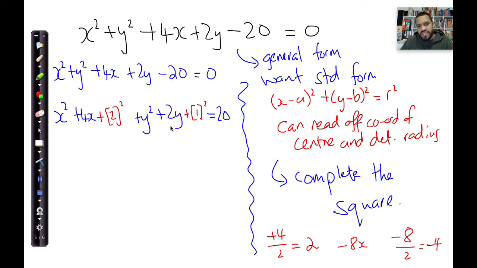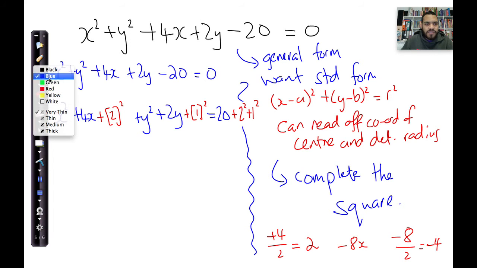Now the big question is, this is an equation, so whatever I do to one side, I must do to the other side. So let's do it here: plus 2 squared plus 1 squared. And what do I get now? Well, the next step is simply to factorize this.